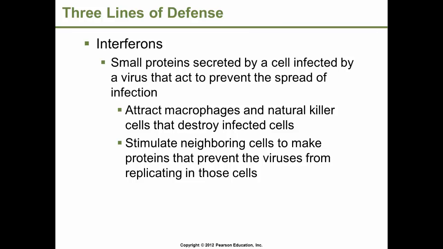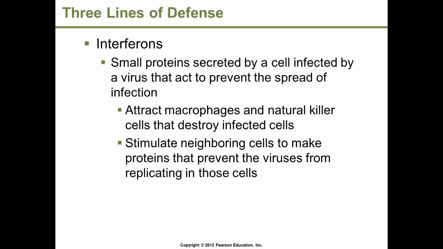After these interferons are released, it attracts macrophages and natural killer cells that destroy the infected cell. It kind of marks it for destruction. It also stimulates these neighboring cells to make proteins, preventing the virus from replicating in those cells.